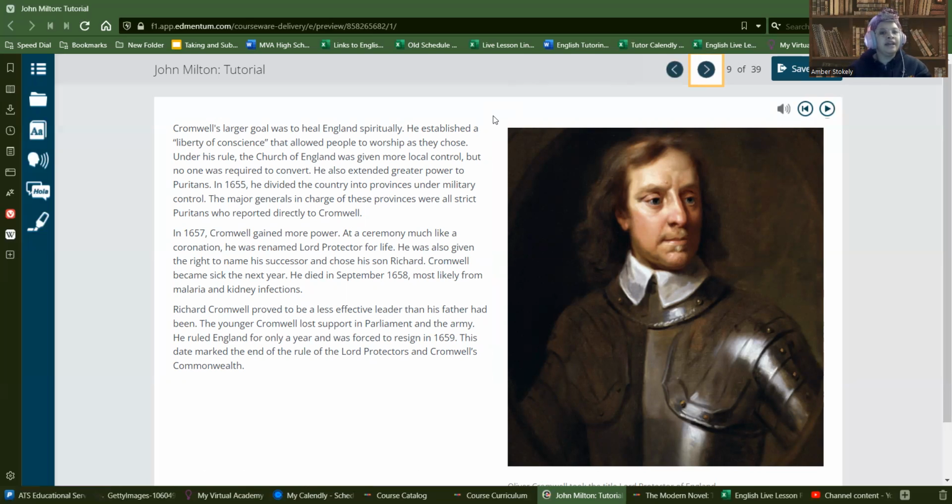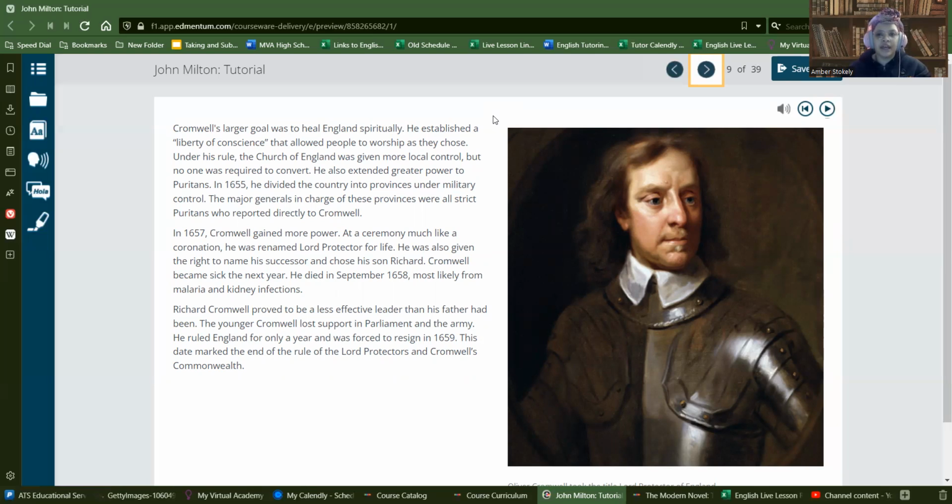On slide 9, we get a little more information about what he did during his Lord Protectorship. His goal was to try to heal England spiritually, like I mentioned before. And he, surprisingly, actually allowed people to worship as they chose, as long as it was under the Church of England.